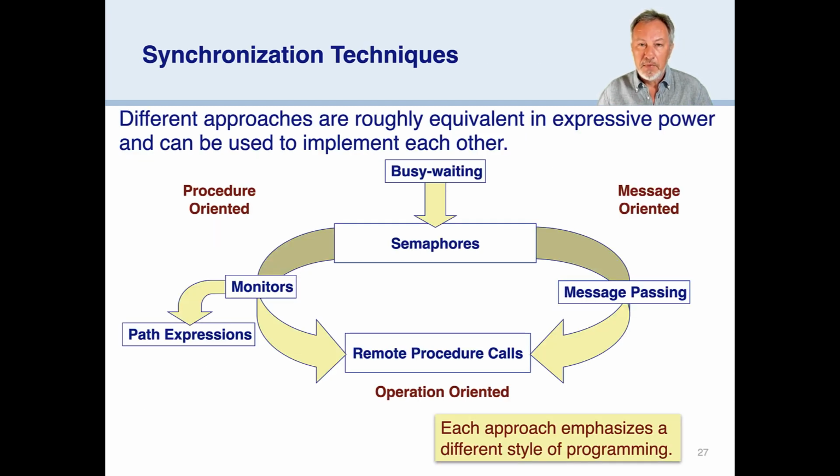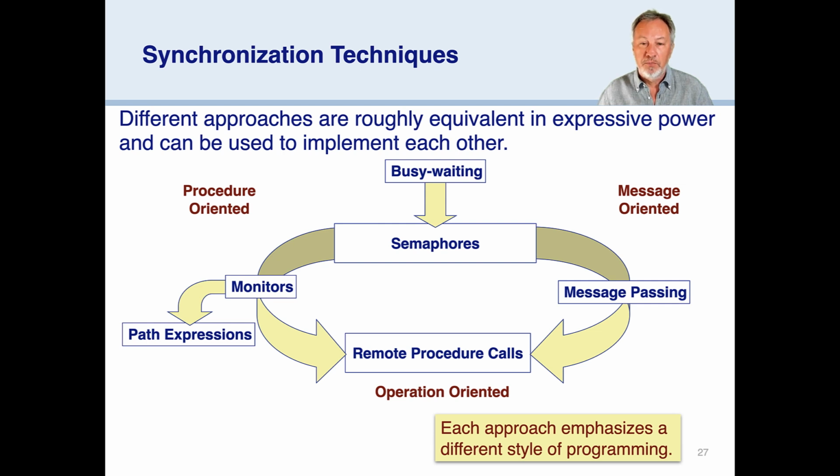Now this diagram here is based on the article by Andrews and Schneider, and I consider it still to be a relatively accurate description of what the basic approaches are. So we have on the one hand procedure-oriented approaches, and on the other hand, message-oriented approaches.